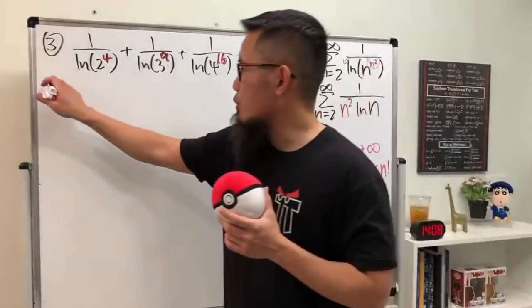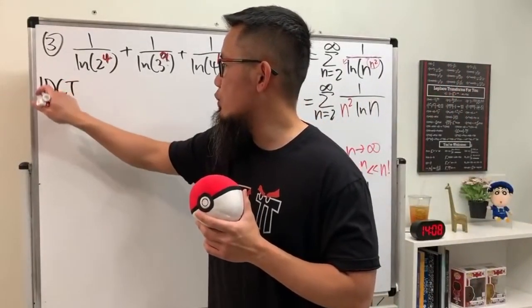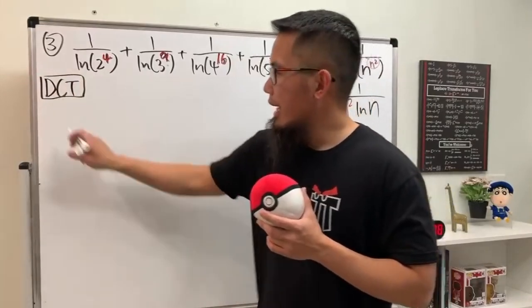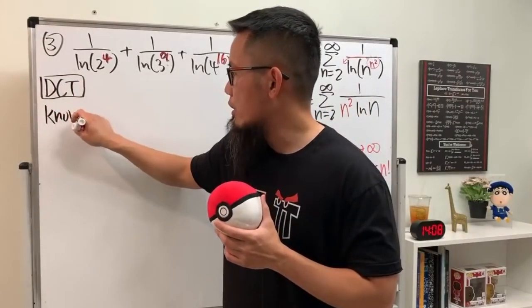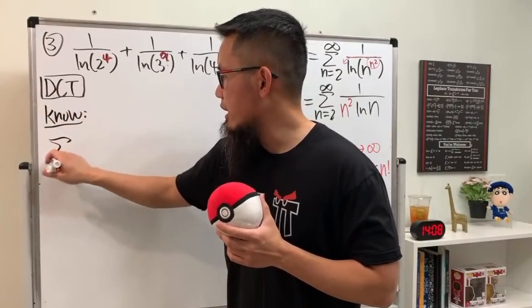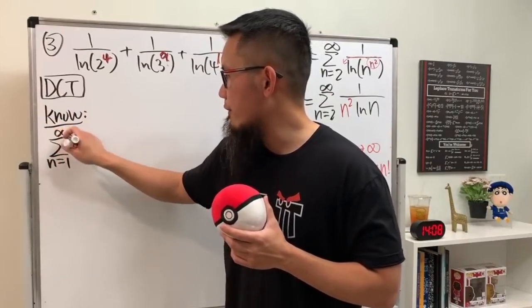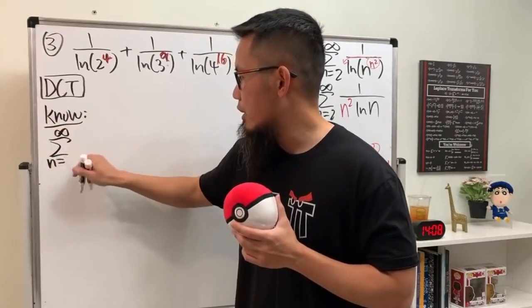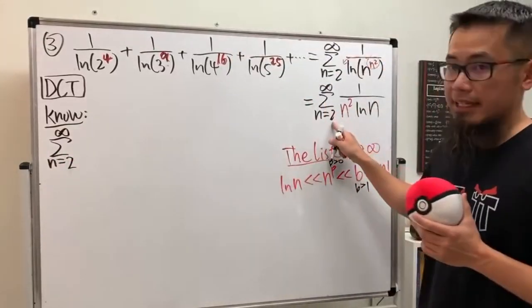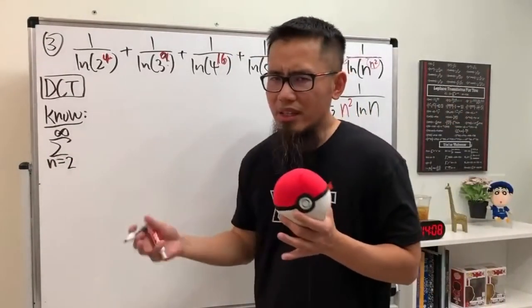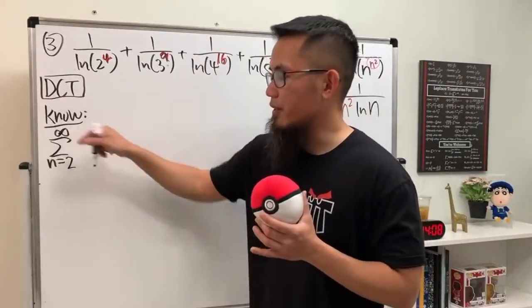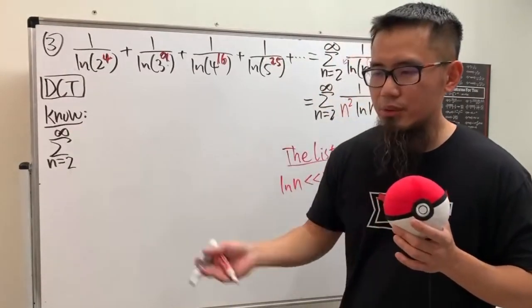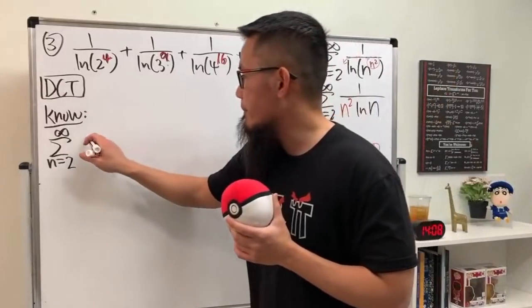So here's the deal. Let's go ahead and use the direct comparison test, DCT, right here. And again, let's go ahead and put down what we know. This time, we are going to be using the series as n goes from 2 to infinity. We can just match with the same index, right? The starting value doesn't really matter that much. As long as you have infinity right here, the p series, things like that, it will still work the same way.